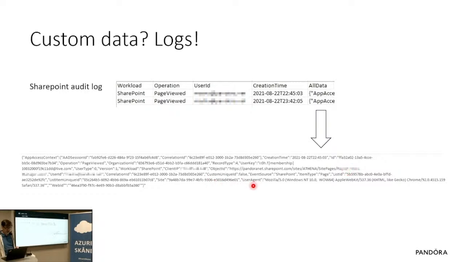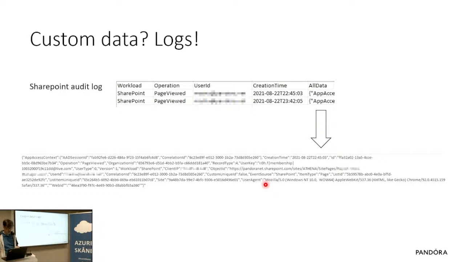And then you have, for instance, something pretty interesting: where this data was accessed from. Was it from the web, the browser, or from an app, from a mobile phone, or whatever? This is the most that you can get from audit logs.